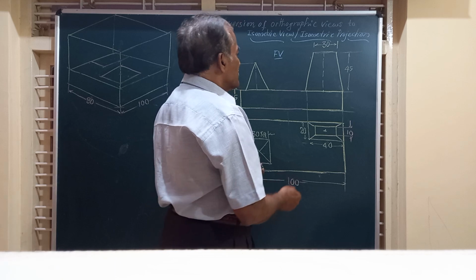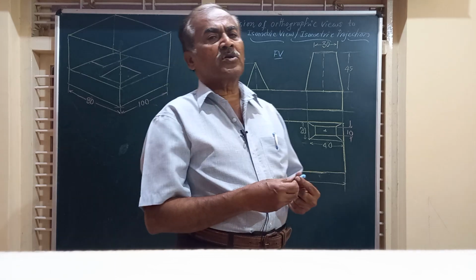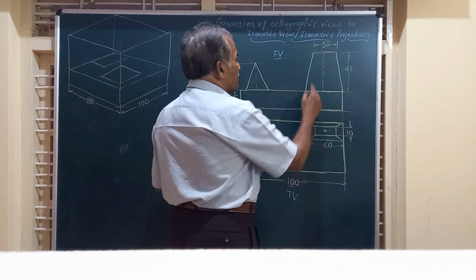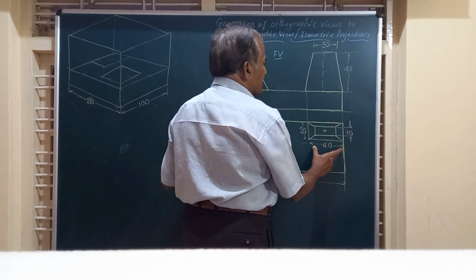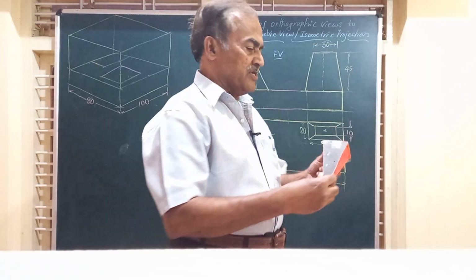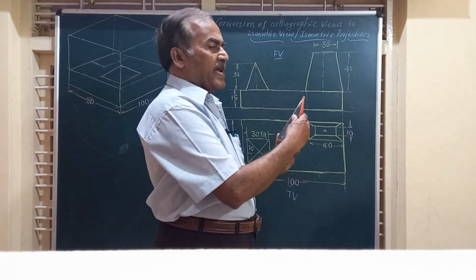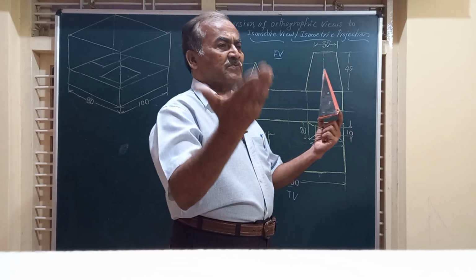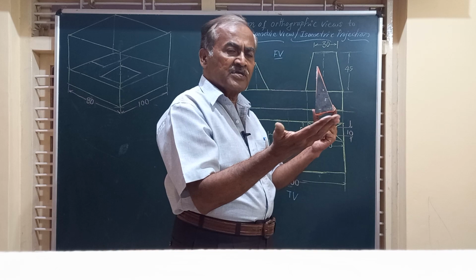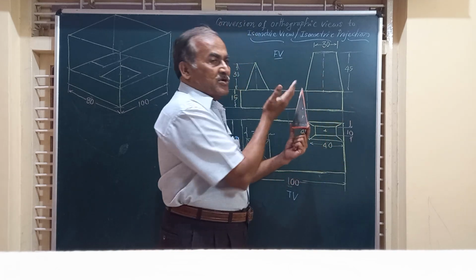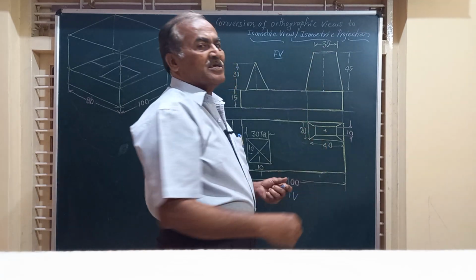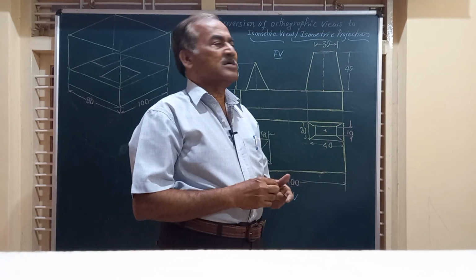And finally, friends, you also learn how to draw the isometric view of the frustum of a rectangular pyramid. Frustum means, if you have a square or rectangular pyramid, any of the pyramids, and it is cut by a horizontal section plane which is parallel to the base and perpendicular to VP, the portion that is left over below the vertex is called the frustum.